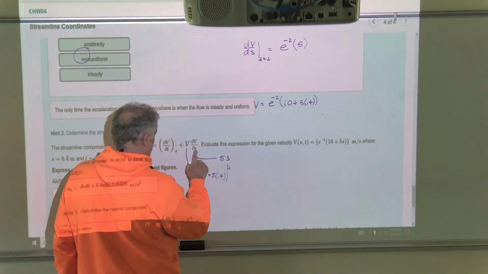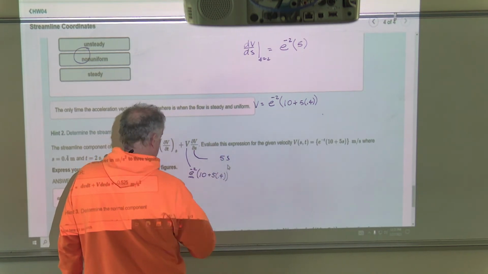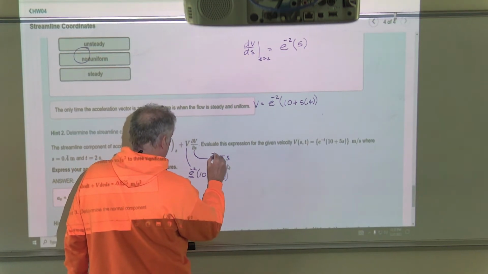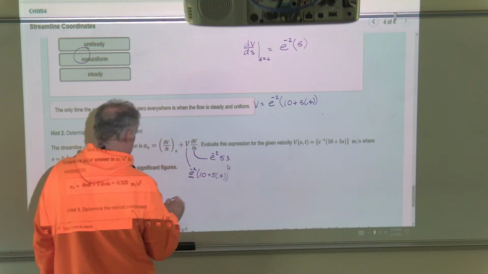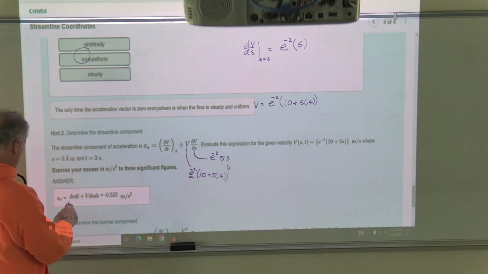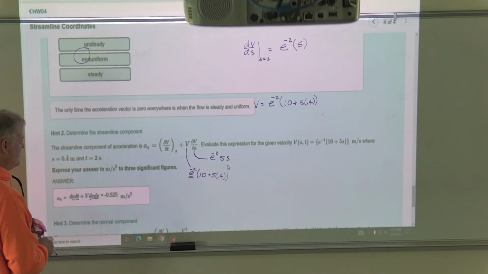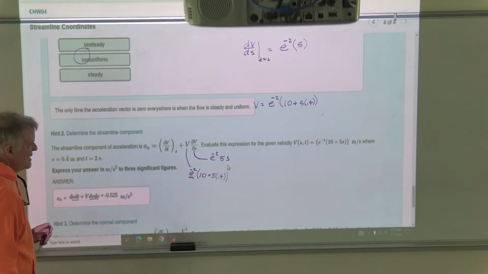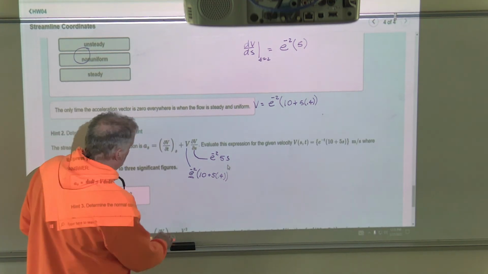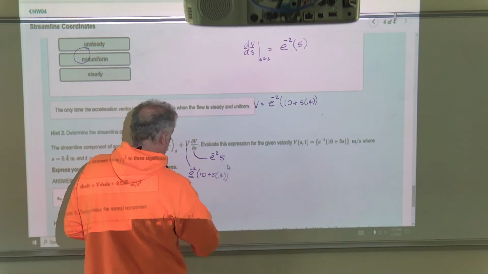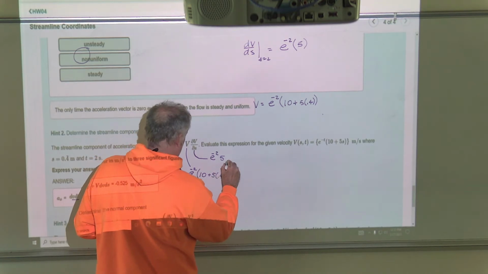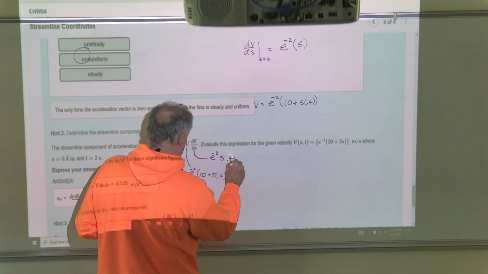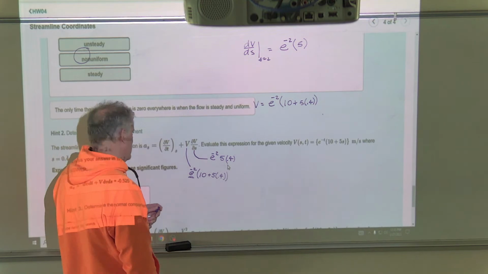The derivative with respect to space, which was dv/ds, times e to the minus 2. I do not know what those terms are, and I'm not sure the way he's written this out. But let's just see. Let's just see what happens if I put this in.